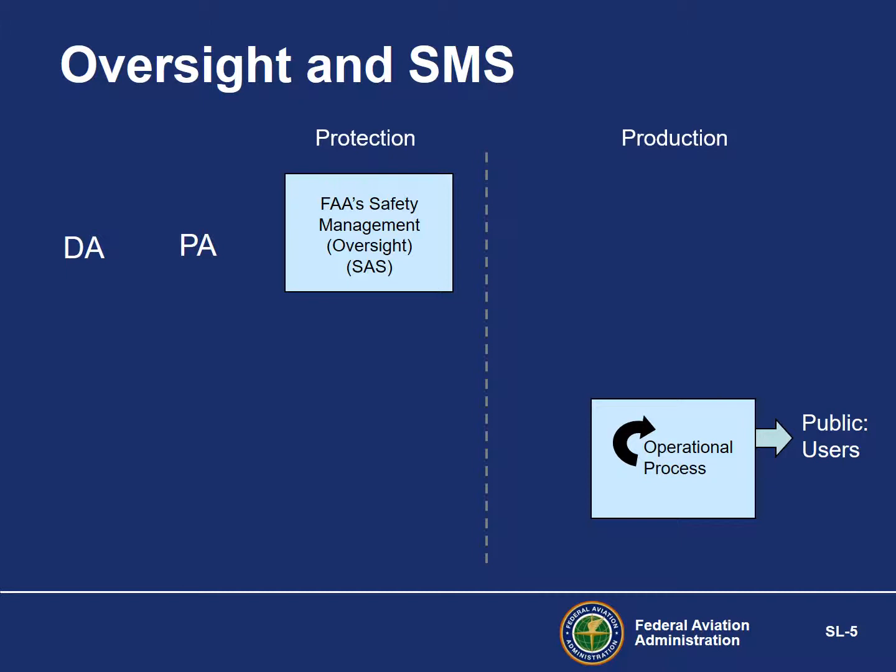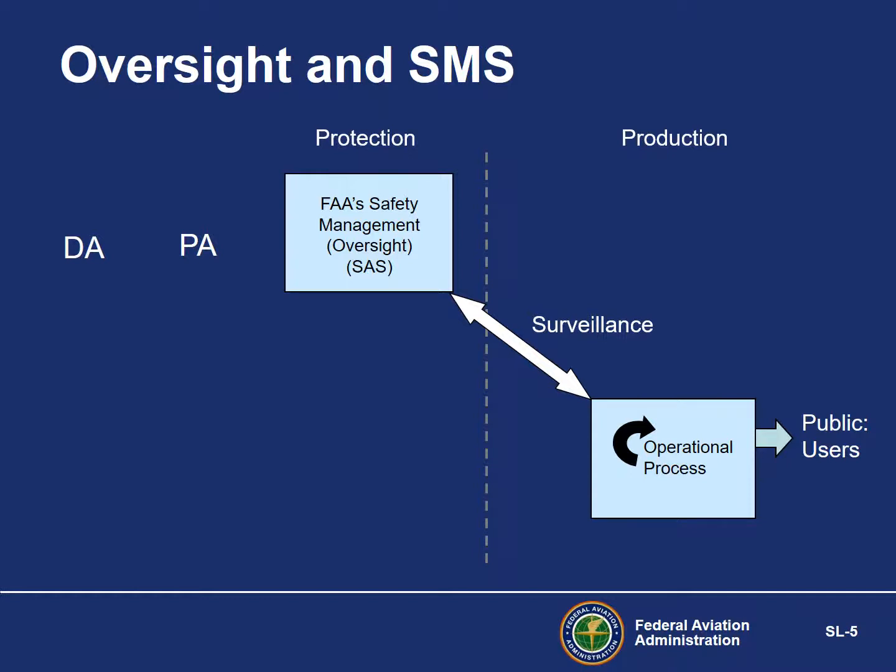Traditionally, this has been through surveillance. The FAA still intends to conduct surveillance, but its focus has changed to supporting safety assurance. This is an essential concept of system safety. The FAA Oversight Program, SAS, and MPG, and our internal SMS will provide the agency's safety assurance function.